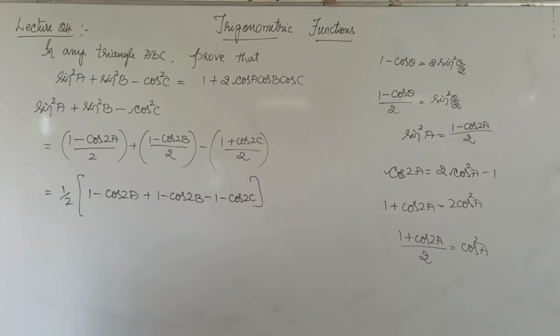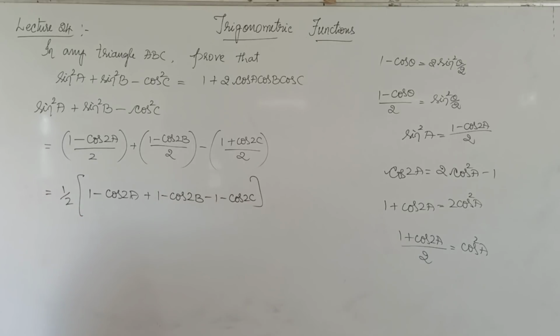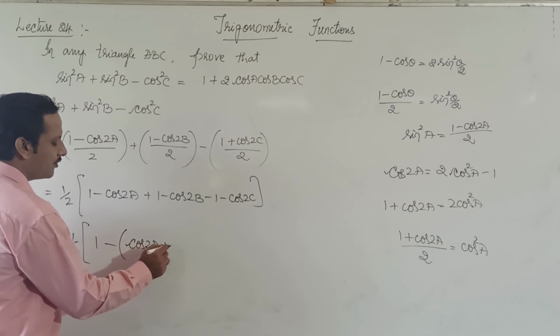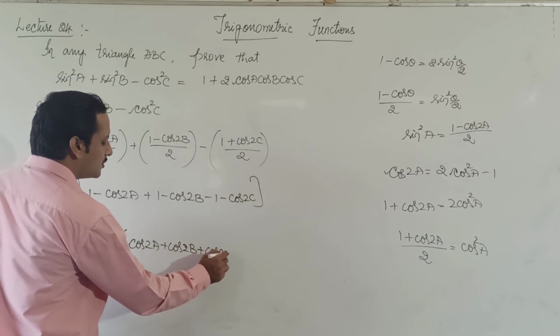Okay. So one of those 1s gets cancelled here, right? Hence we are left with 1 by 2 into 1 minus cos 2A minus cos 2B minus cos 2C. I'll take minus as a common factor there. So minus of cos 2A plus cos 2B plus cos 2C.